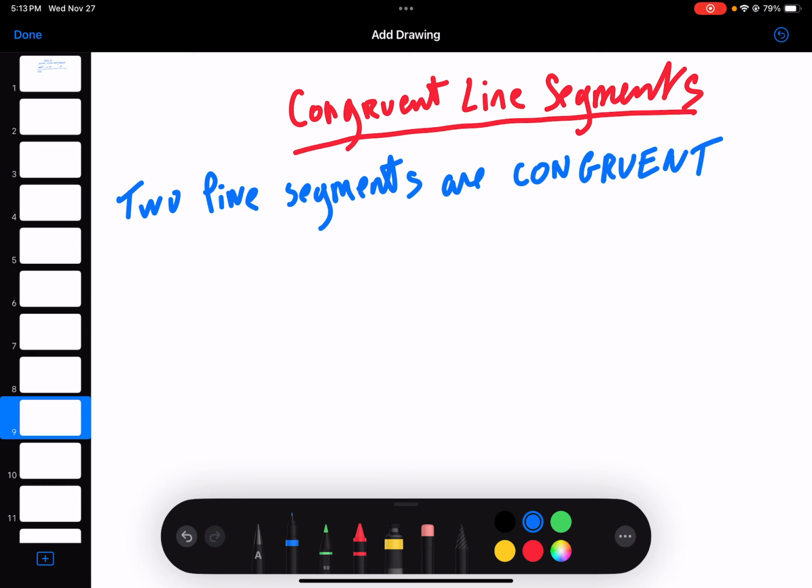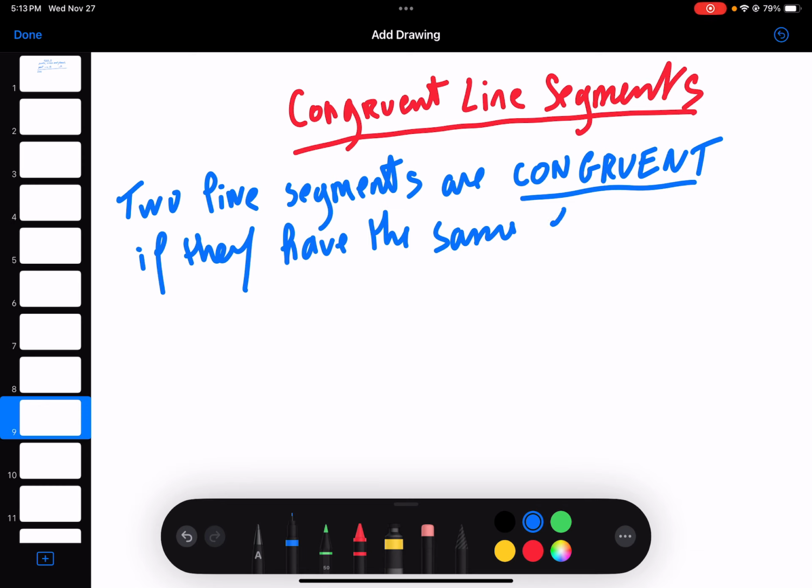Two line segments are congruent if they have the same length. Okay.